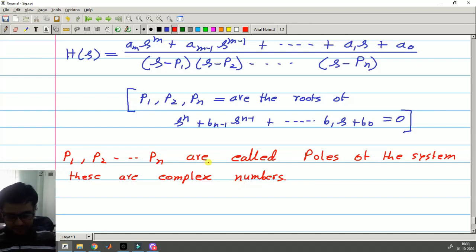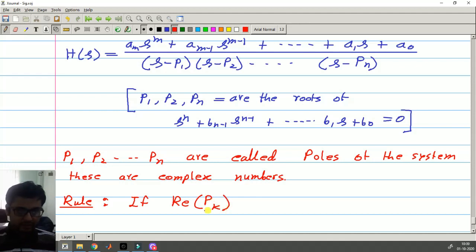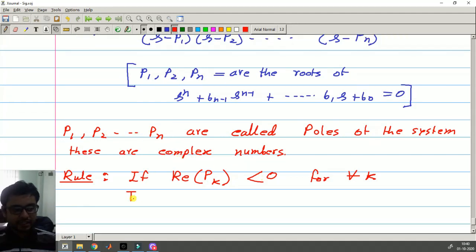And then the rule is, if the real part of pk, any pole p1 or p2 or p3 etc., is less than 0, that means negative for all k, that means for all poles p1, p2, pn these numbers have their real parts negative, then this system is stable.